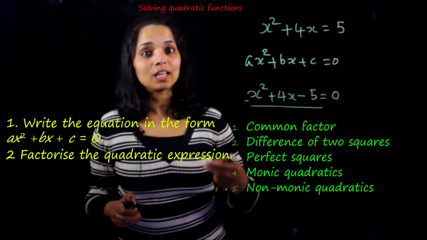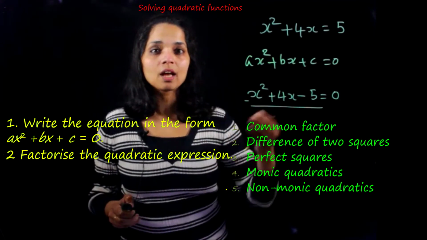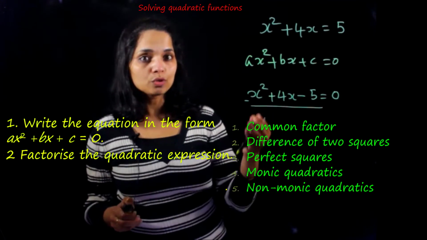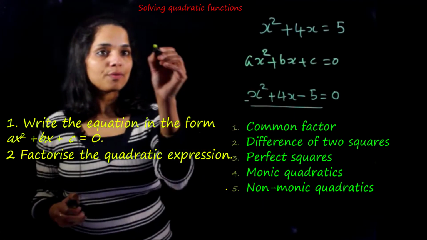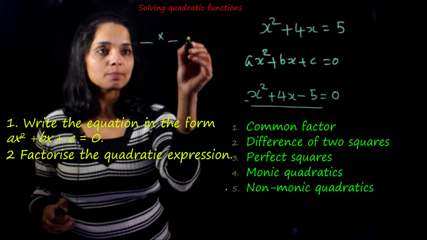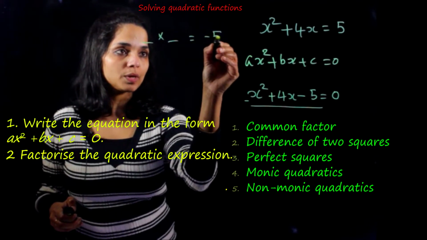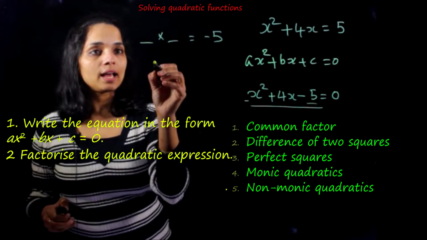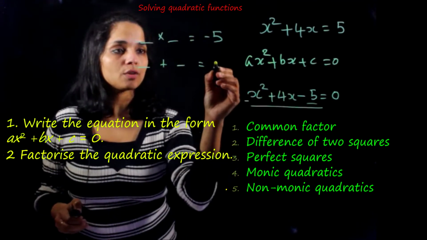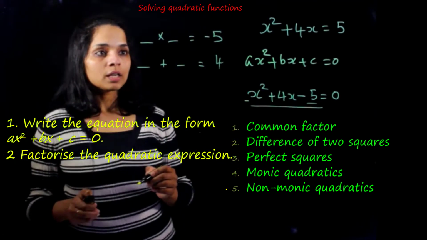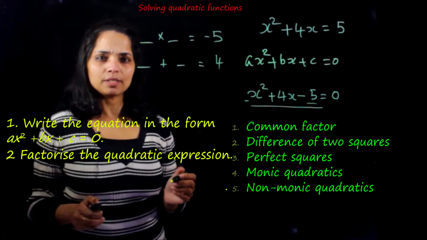We learned two methods to factorize a generic monic quadratic, and we're going to use one of them here. That one is to find two numbers that multiply to give minus 5, that's this number, and add to give the coefficient of x, 4. So what are those numbers?